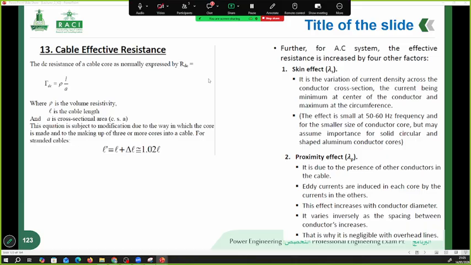As a result, the effective length is increased by a small amount delta L, leading to an approximate relationship: L prime is L plus delta L. So this means that the effective resistance of a stranded cable is slightly higher than the ideal DC resistance.